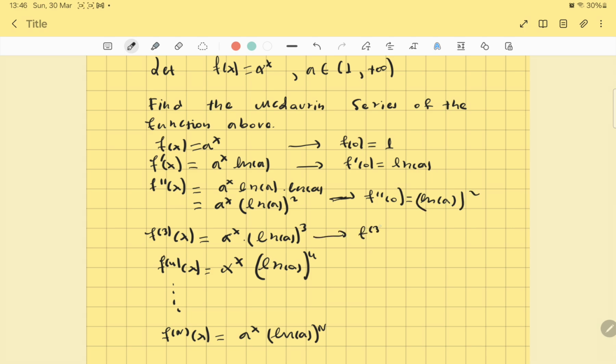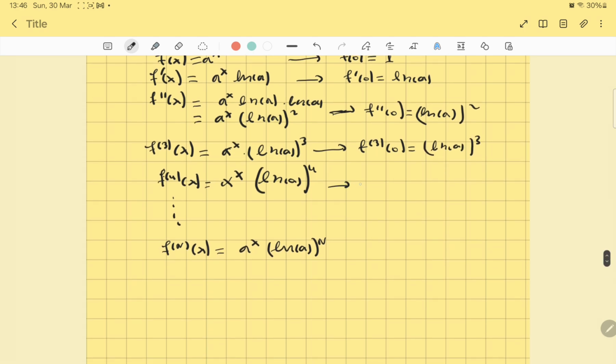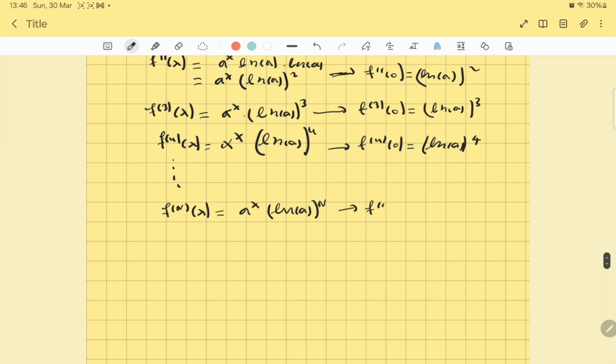The third derivative evaluated at 0 is ln a to the power of 3. The fourth derivative evaluated at 0 is ln a to the power of 4. And the nth derivative evaluated at 0 is ln a to the power of n.